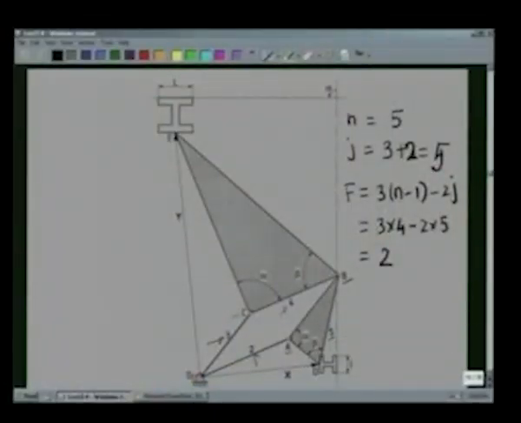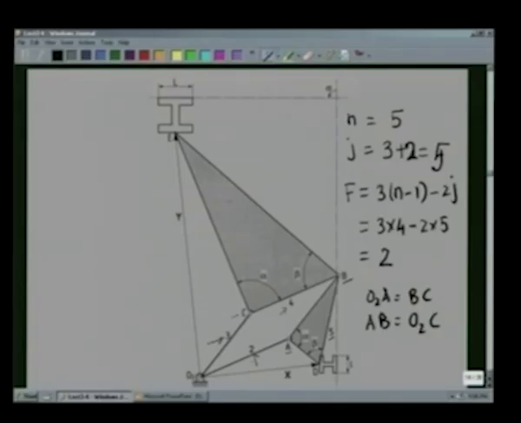Now, let us consider this O2ABC to be a parallelogram, that is link length O2A is same as BC and link length AB is same as O2C. Thus, O2ABC is a parallelogram.